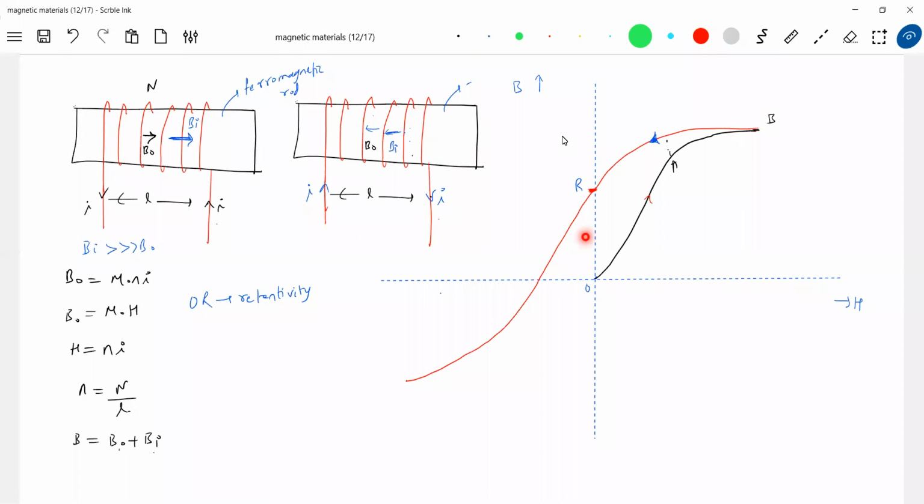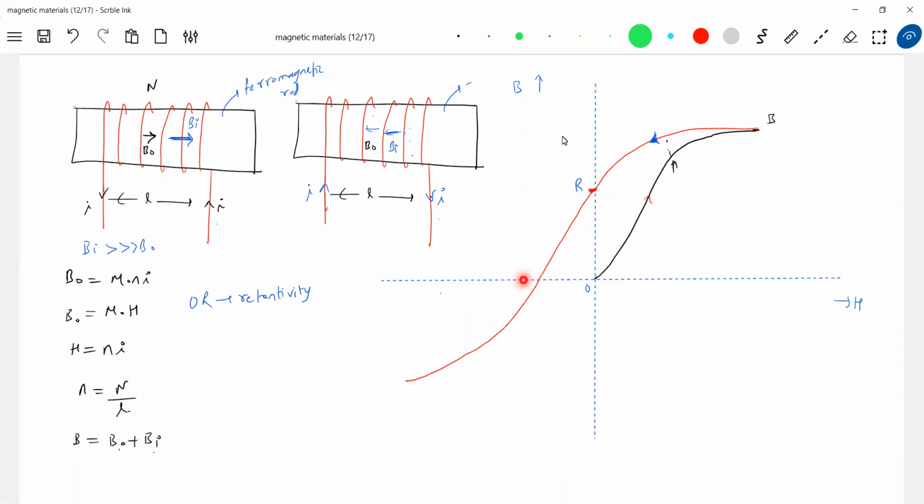So what will it do? It will induce a magnetic field opposite to the earlier induction. Earlier there was magnetism. Then the B naught is there. So some of the domains will align themselves in the direction of B naught. They will force other domains which have magnetic moment opposite to the initial one. So gradually at one point, the net magnetism inside the metal will become zero.